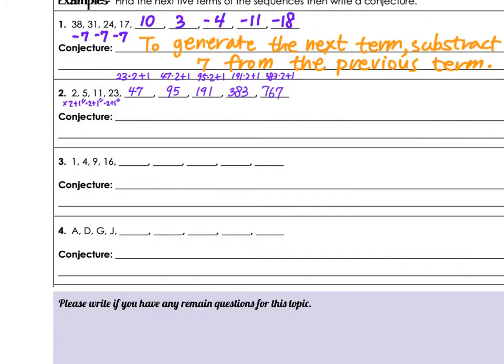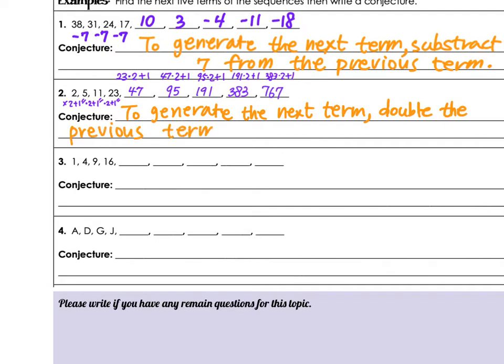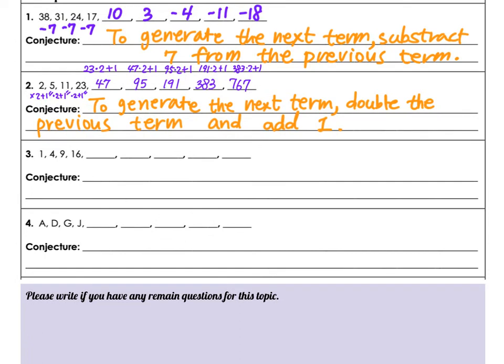So how can we describe the pattern? To generate the next term, double or multiply by 2 the previous term and add 1.